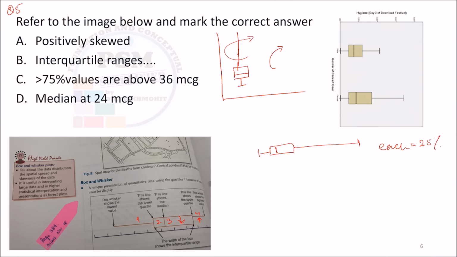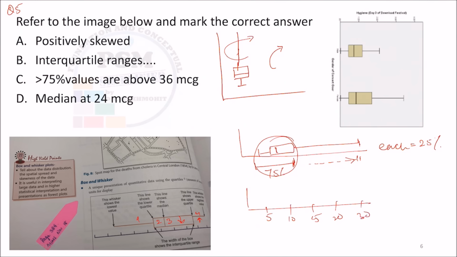25% of the population. So in this box and whisker, can you appreciate that most of your population, 75%, is in the lower zone and only 25% is towards the higher part. If I take on this axis, this is 5, this is 10, this is 15, this is 20, this is 30 and so on. Maximum population is within this.